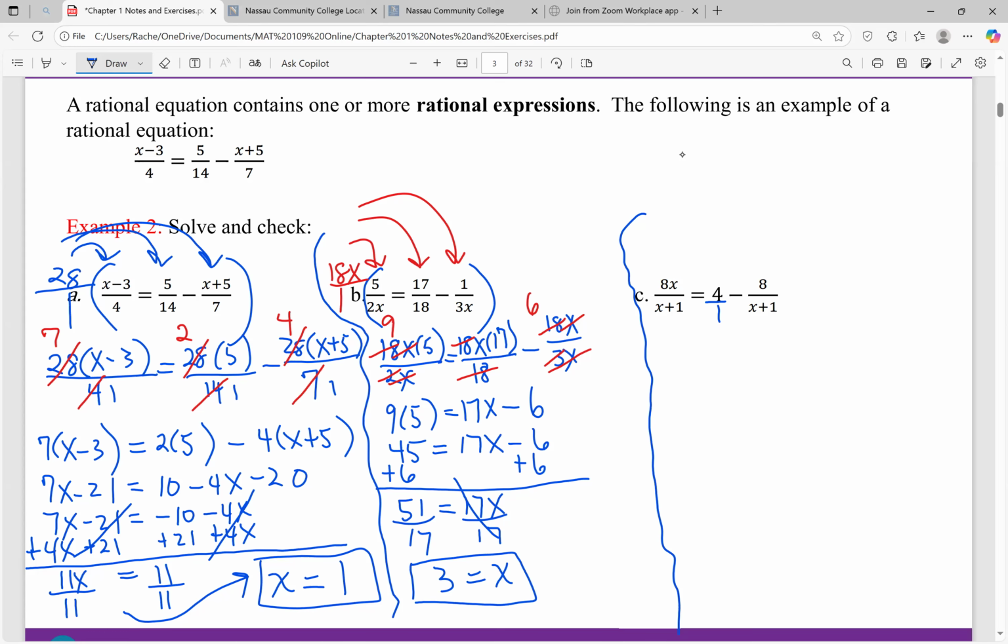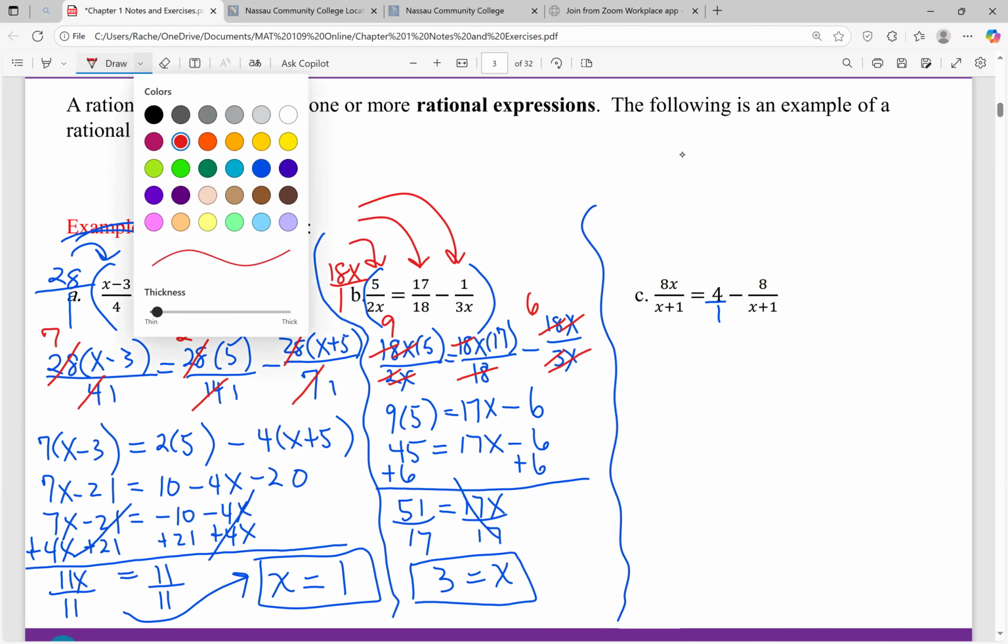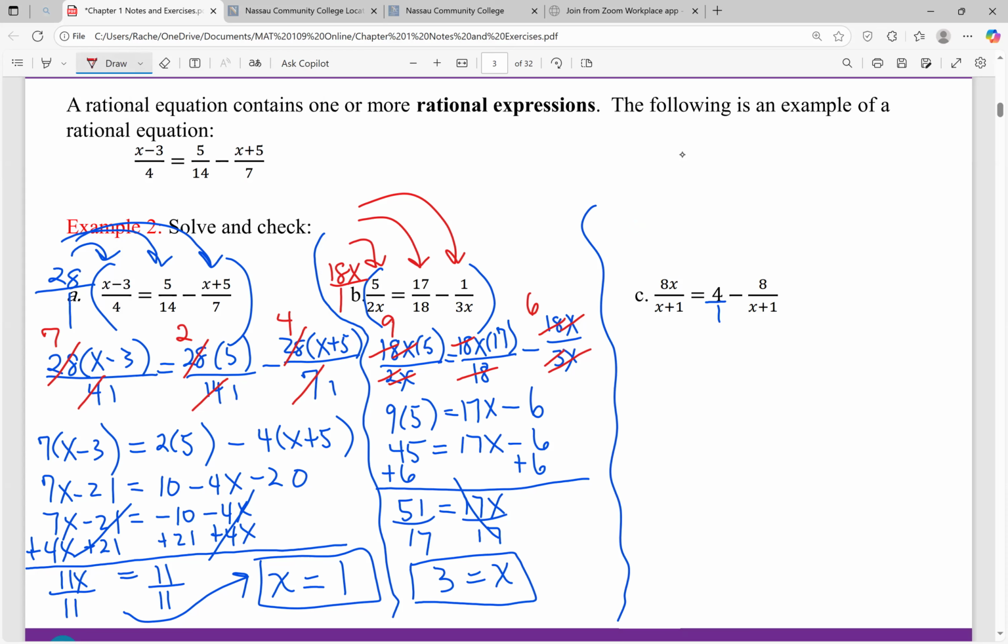So we have 3 denominators: an x plus 1, a 1, and an x plus 1. We have to ask ourselves, what's the least common denominator? In this case, it's going to be x plus 1. So I'm going to multiply the entire equation by x plus 1 over 1.